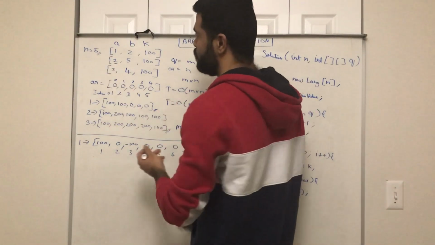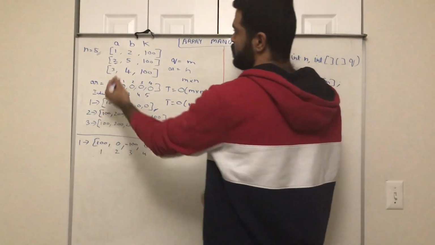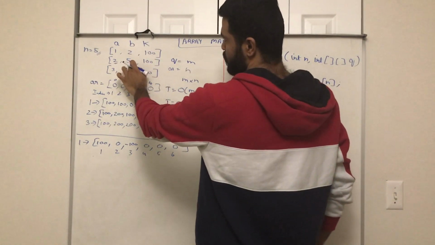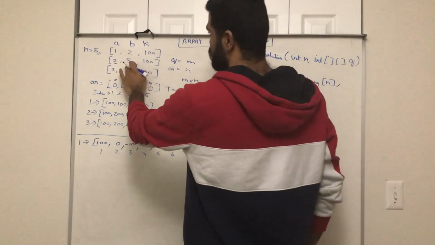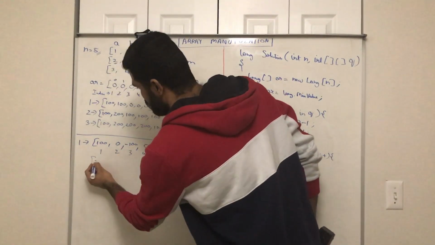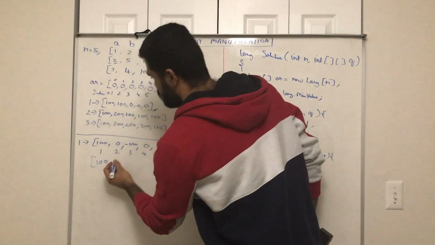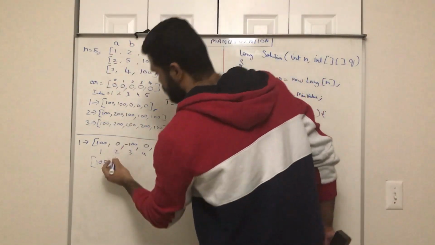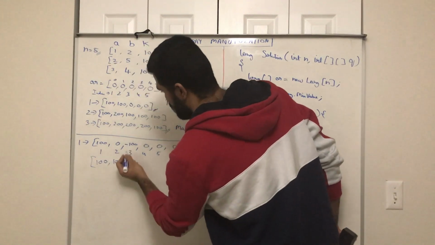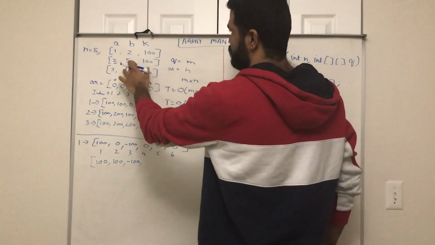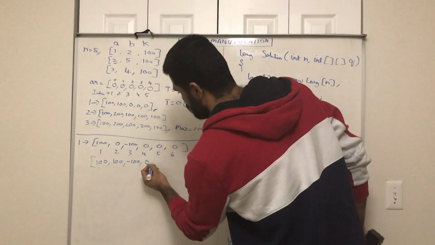Now if you go to query 2, I have to add 100 at point 2, and I have to subtract 100 at point B plus 1. So B plus 1 is nothing but 6. So that will be 100, and at point B I'll be adding 100, and 3 is minus 100, and at point all will be 0, 0.